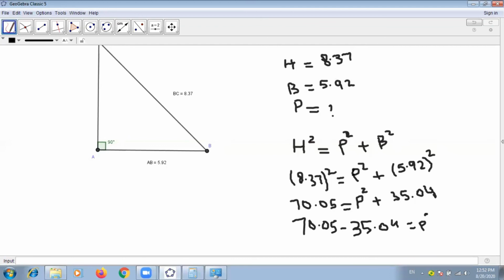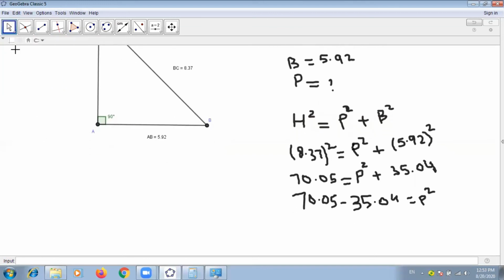So we have to subtract these two values. I think we get around 35.01.